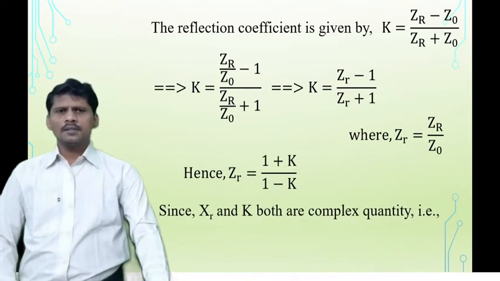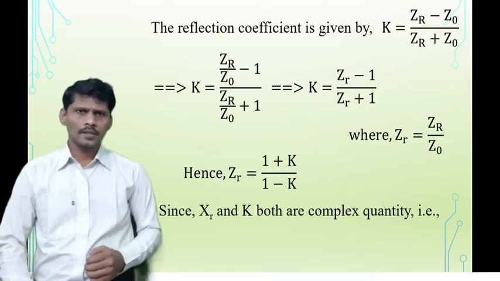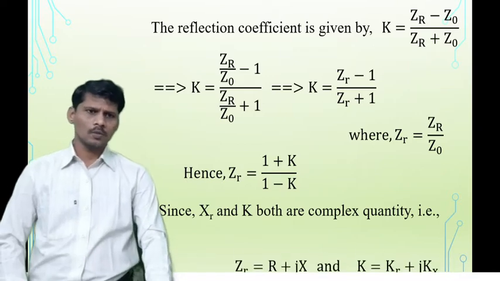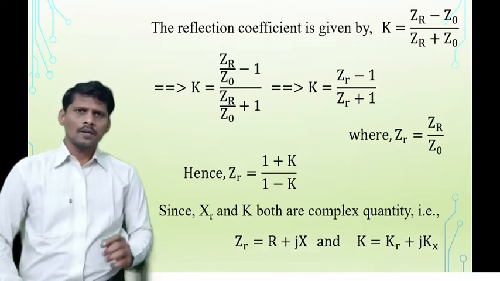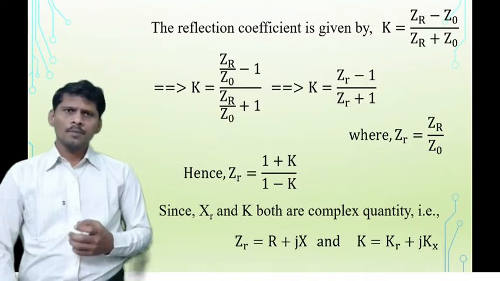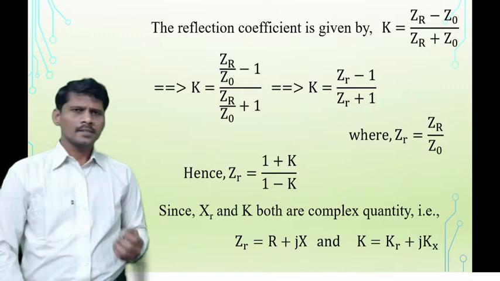Hence, the normalized load impedance zr and the reflection coefficient K are both complex quantities. The normalized load impedance is the sum of a real part and an imaginary part, that is, the resistive component and the reactance component.